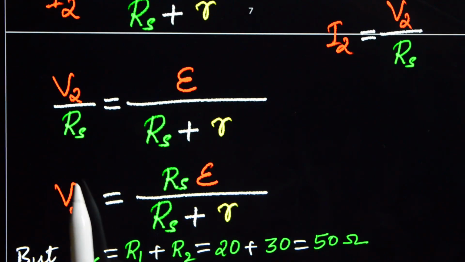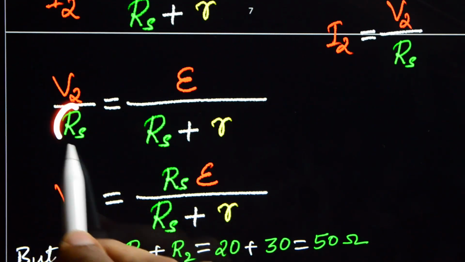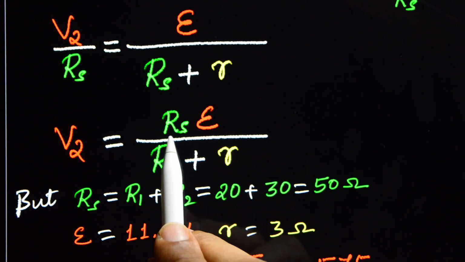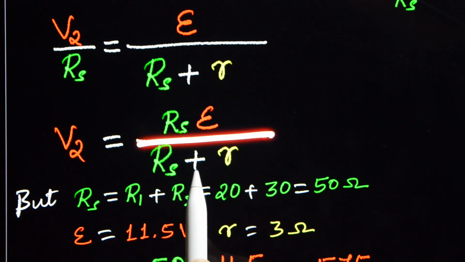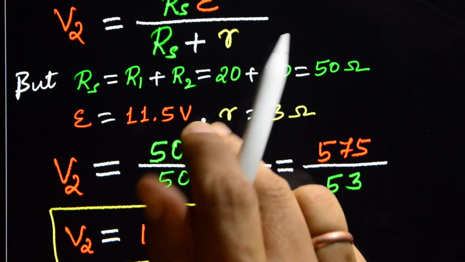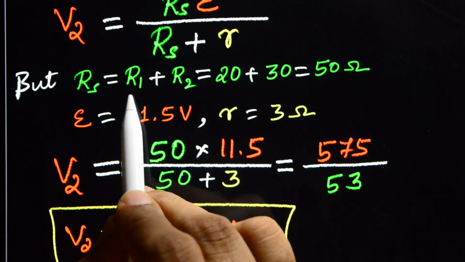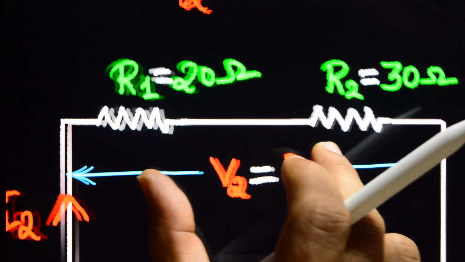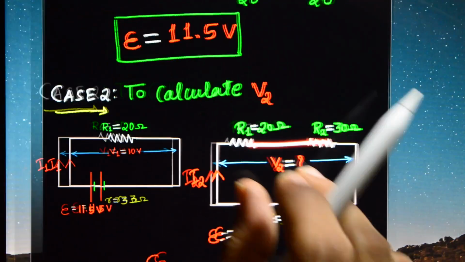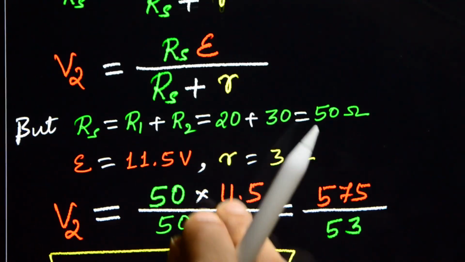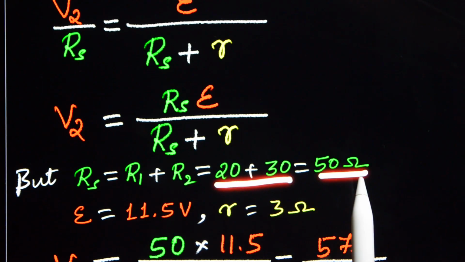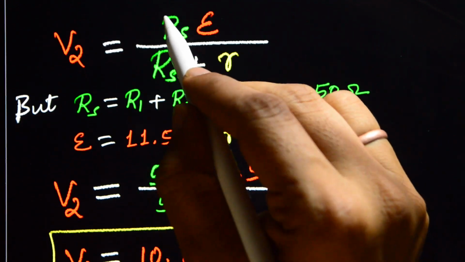We want V2. Taking RS to the right hand side, V2 is equal to RS into E divided by RS plus small r. RS is R1 plus R2 because these two resistors are in series, 20 plus 30, that is 50 ohm.